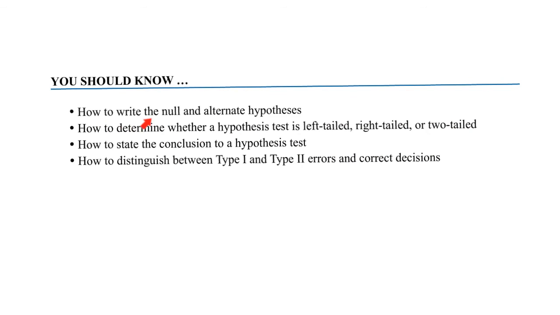So now you learn how to write the null and alternate hypothesis. For the null hypothesis, this is the notation we use. For the alternate hypothesis, we use notation like H1, or sometimes in other books you can see HA. Then you learn how to determine whether the hypothesis test is left-tailed, right-tailed or two-tailed.